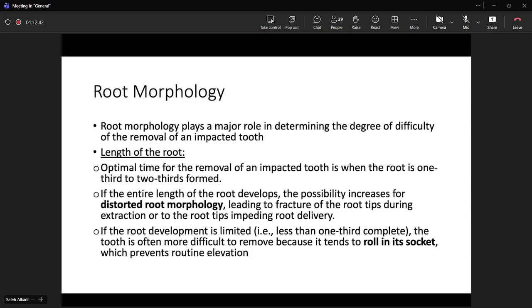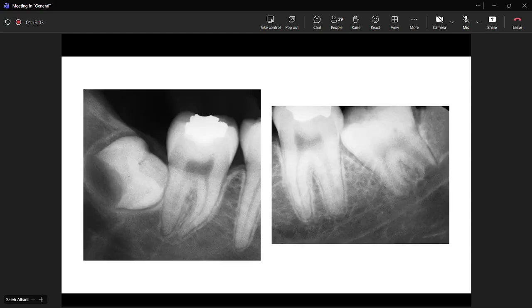It will be like a ball in the socket, so it's going to roll in its socket. Very difficult to remove. So this will prevent routine elevation. So complete root formation is not good, and less than 1/3 root formation is also not good for extraction.